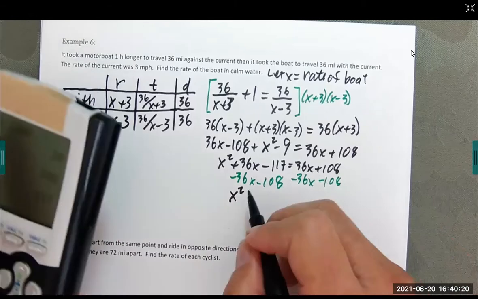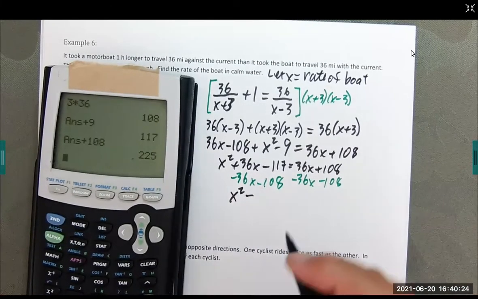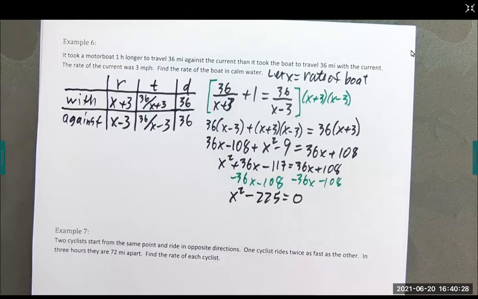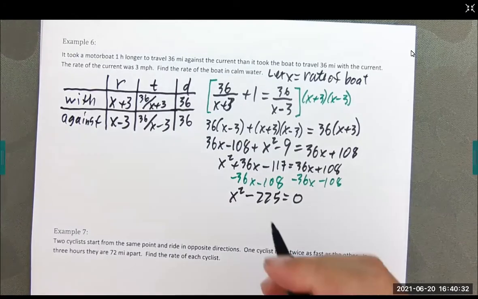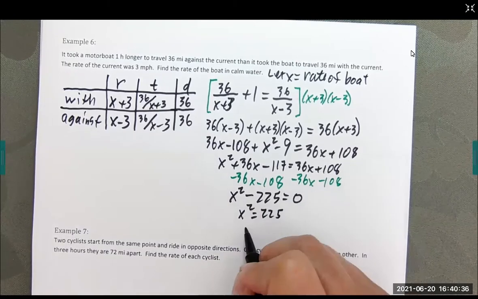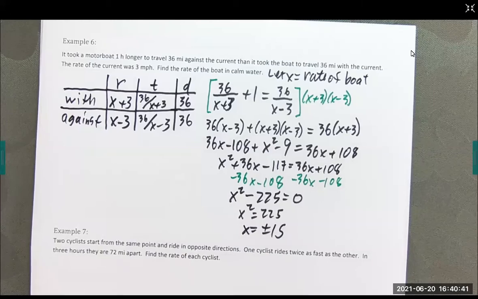It's going to be minus 117 plus 108, 225, equals 0. So we got us a quadratic. We could factor it, but I'm going to go ahead and move that to the other side. x squared equals 225. Then x equals plus or minus 15, but minus 15 doesn't make sense, right?